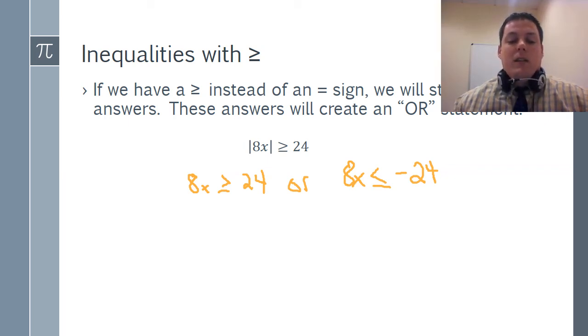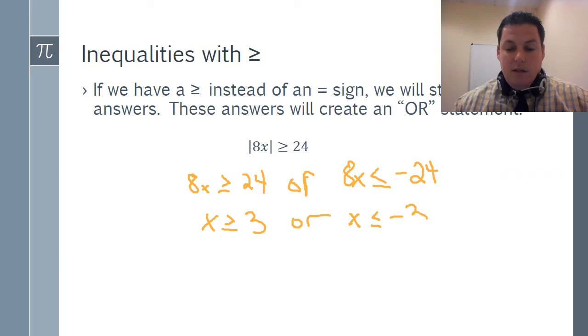So if we have greater than or equal to, we have an or statement. We rewrite the inequality as is, and then we rewrite the inequality, flipping the sign and using the opposite solution. So in this scenario, we would divide both sides by 8. We would have x is greater than or equal to 3, or x is less than or equal to negative 3.